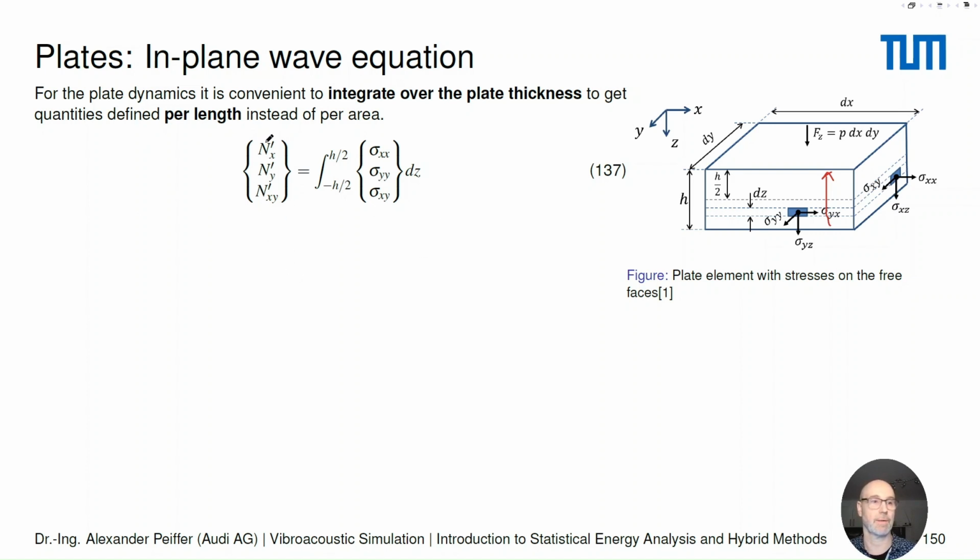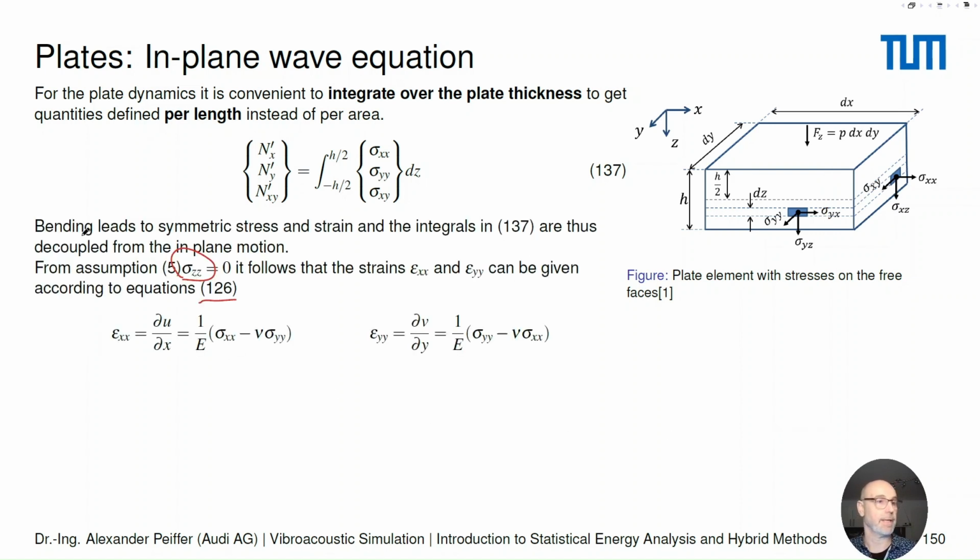So this is the force per length. And we get this by integrating typical stresses over the thickness. And bending would lead to symmetric stress, and that means by making this symmetric integration, these forces are decoupled from bending motion.